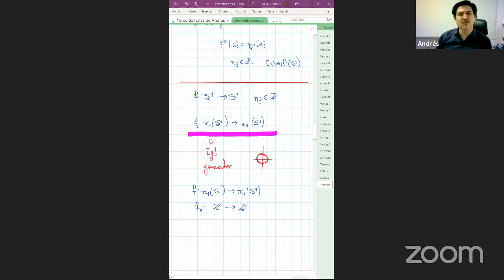Same question as before. You have a group, the integers. What is the set of automorphisms of the integers?